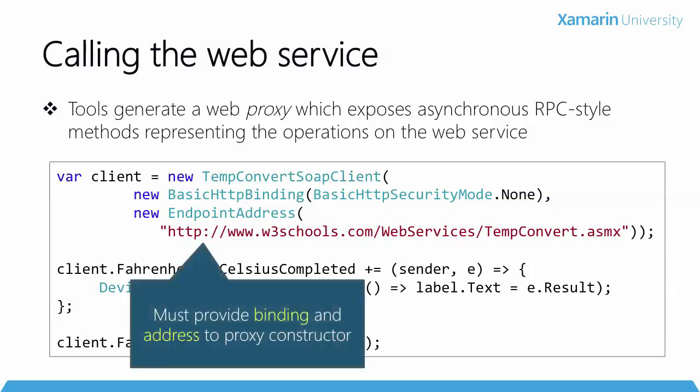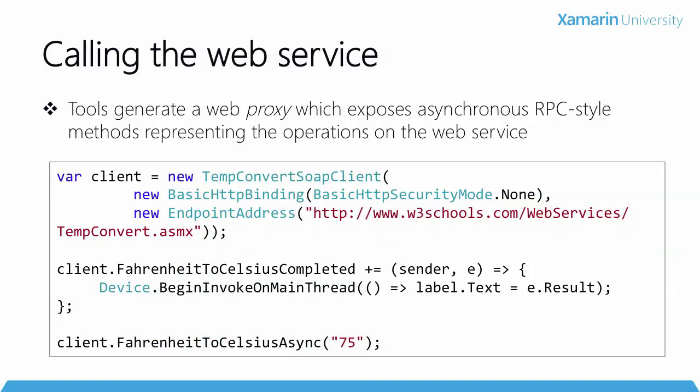Now, when you create the proxy, you must supply the binding and address to the service. In the desktop world, this is often supplied through the app.config file, but it must be manually supplied in the mobile world. And here you can see we're using the only supported binding. That's the basic HTTP binding. This is XML with HTTP or XML with HTTPS.